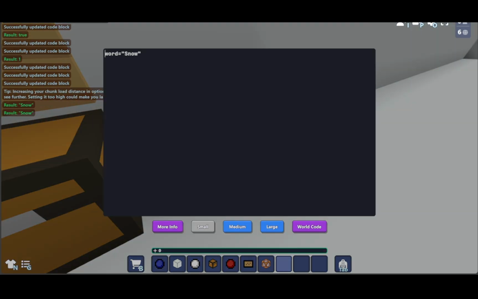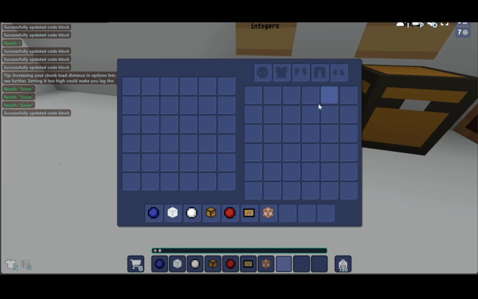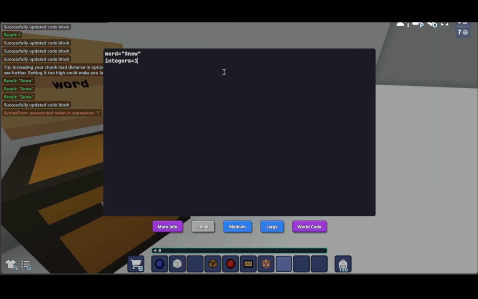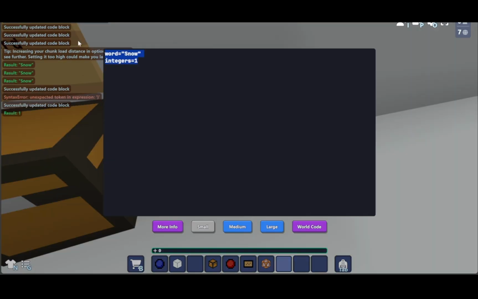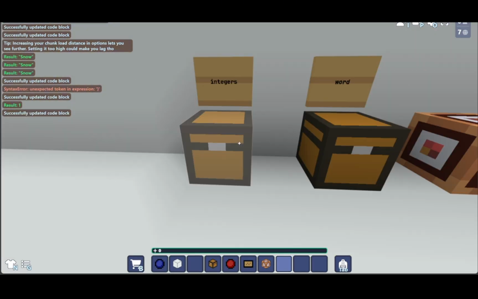You just first write in the name, which is called integers, and then write in the value you want to store in it. Maybe we'll just store a 1 here. This will be the equivalent of 2 chests in this box.